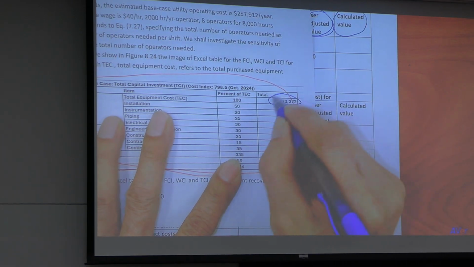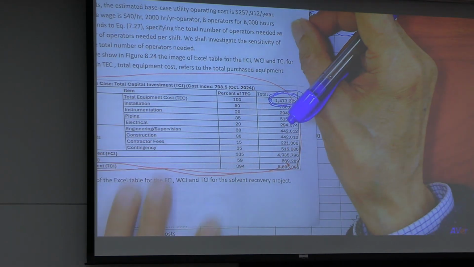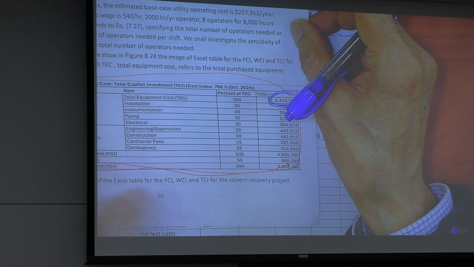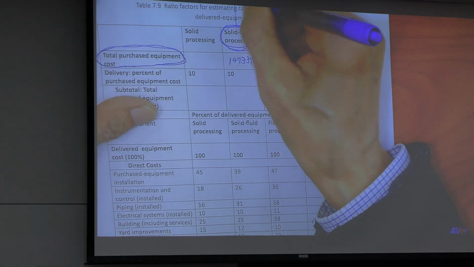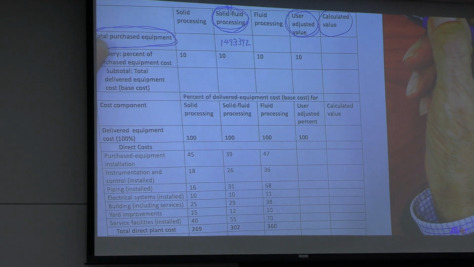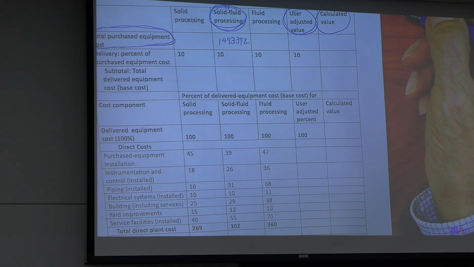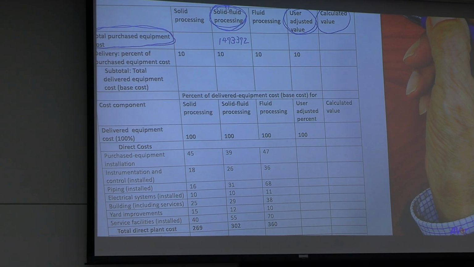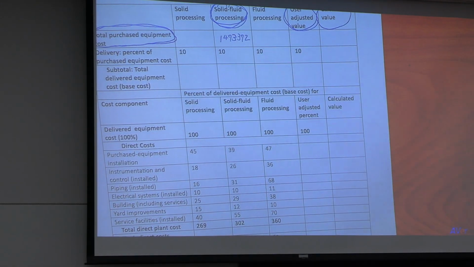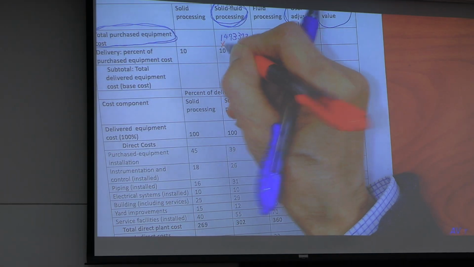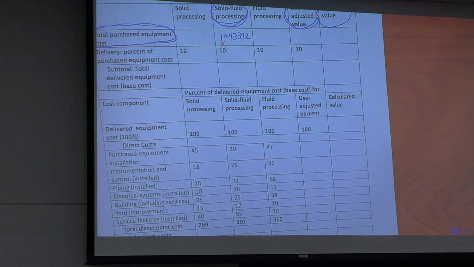I copied it. This is chapter 8, right? You go along here, delivery, purchase equipment cost. So, you multiply the two, you get delivery cost.